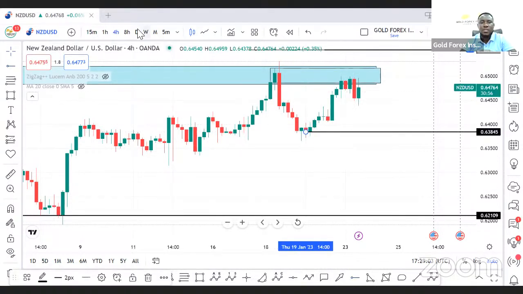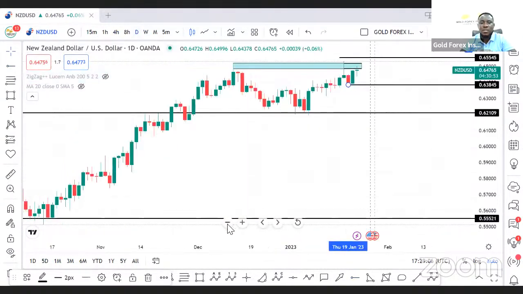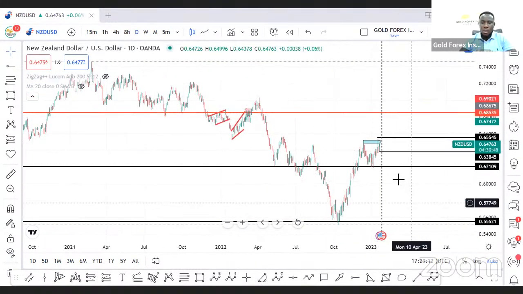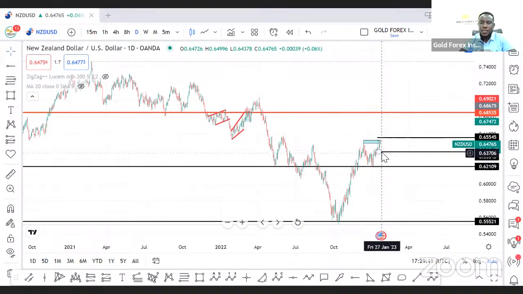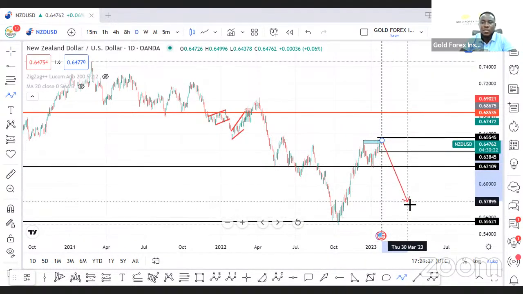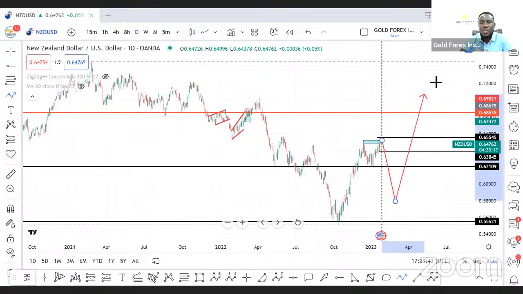Looking at this, first of all, I'm targeting the B leg or the neckline, which is this level. It also tied this level. So I'm looking at the neckline. It can come all the way down, or 61.8 or 50.